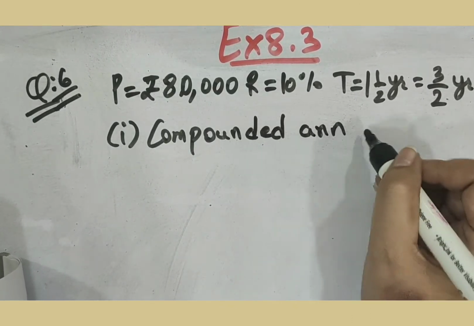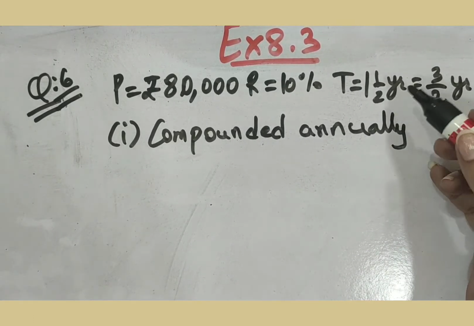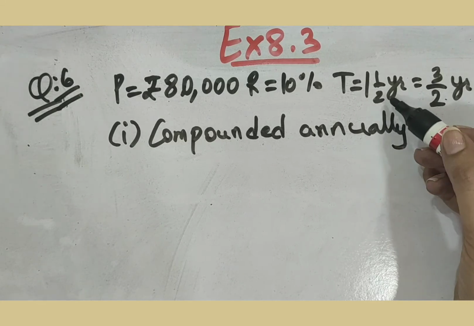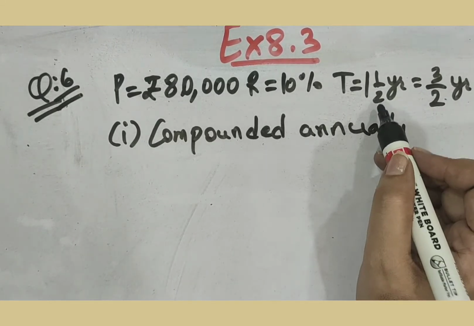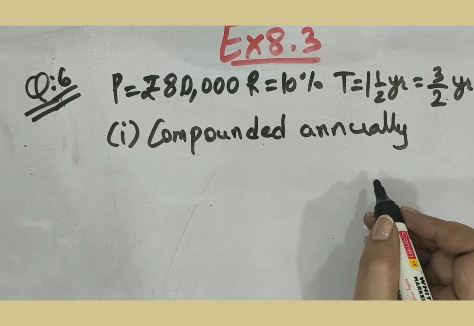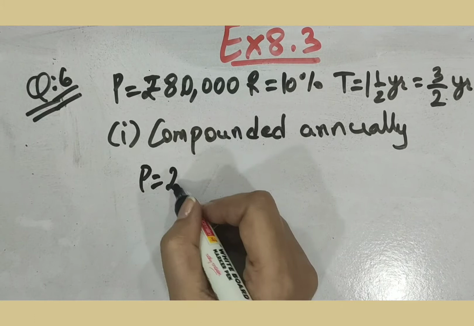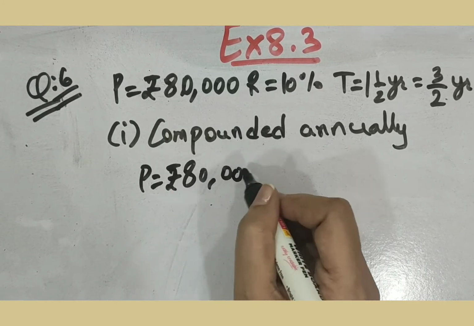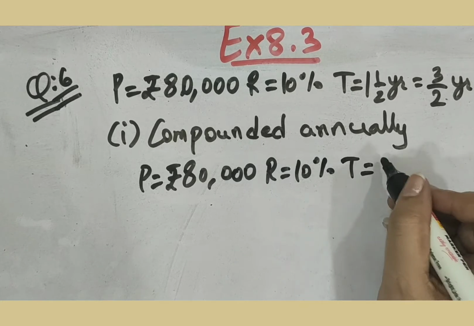Now as it is annually, so we will have to calculate for 1 year separately and half year separately. So for 1 year we will use the formula and find, and for half year we will use simple interest and find.